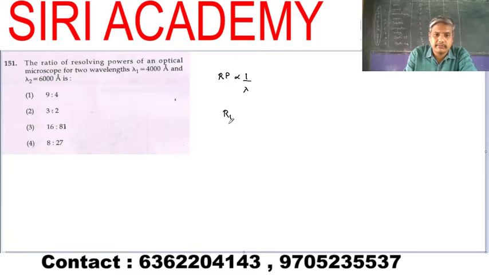So R1 by R2 is equal to lambda 2 by lambda 1, that is equal to 6000 angstrom by 4000 angstrom, that is 3 is to 2. So the option corresponding to this question is second.